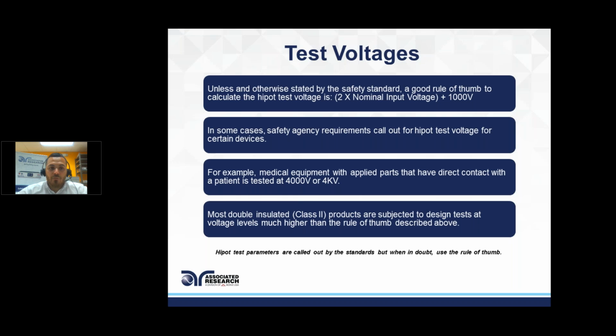So for those applications, the voltage is much higher, up to 4,000 volts. Most double insulated class 2 products are subjected to design tests at voltage levels much higher than the rule of thumb I described earlier. Now, there's DC testing, right? Right now I'm pretty much talking about AC. We'll discuss DC a little bit in the next coming slides.